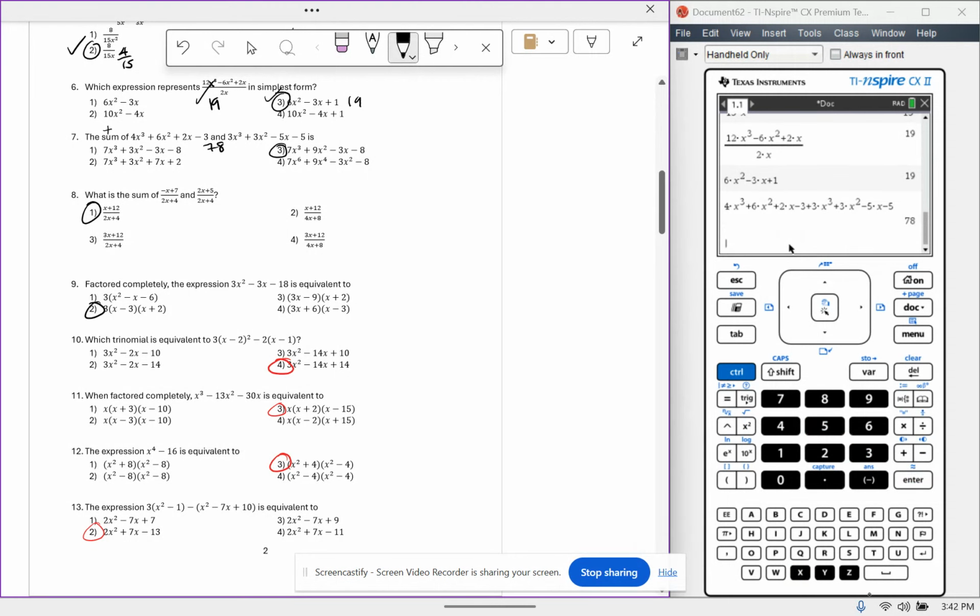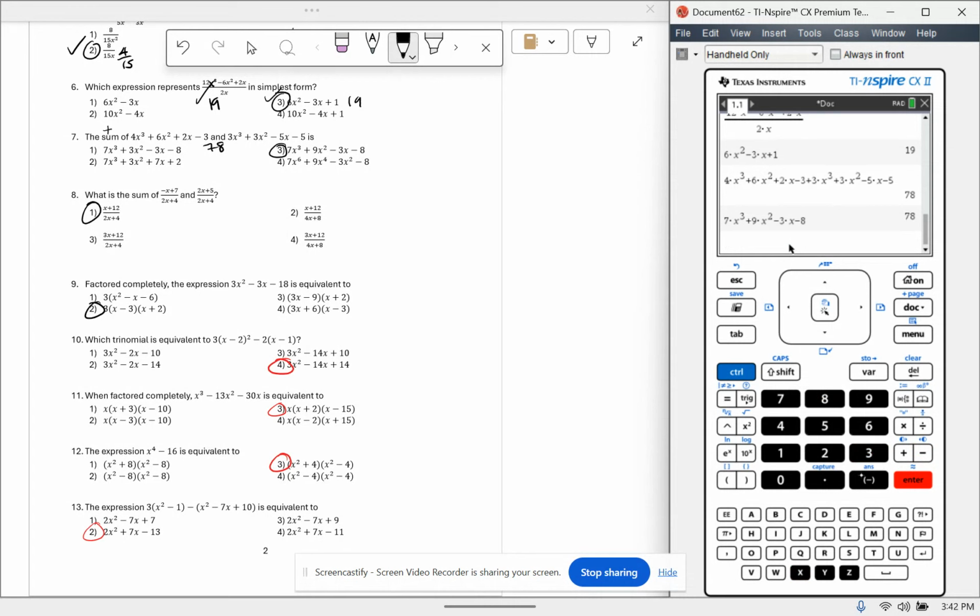So 78 is the number to match. So let's type in answer choice 3 and see what we get for that. Yay, 78, we are right.